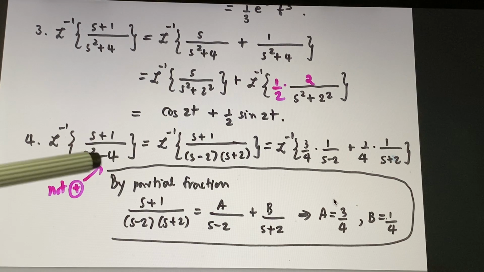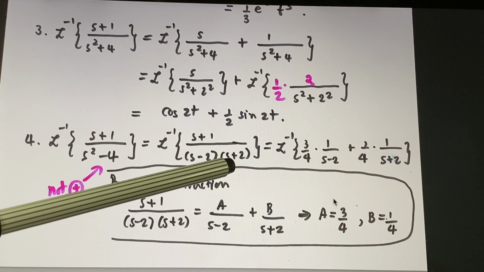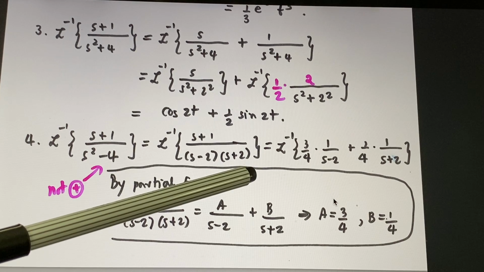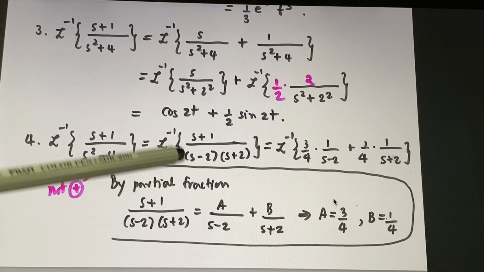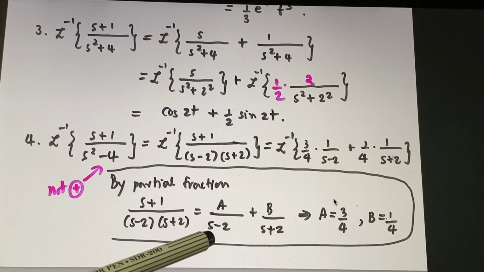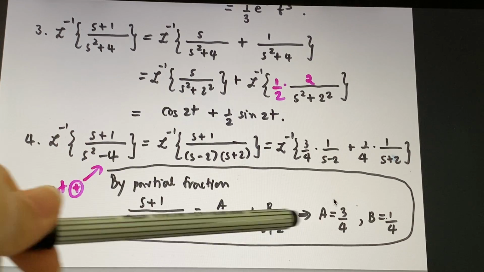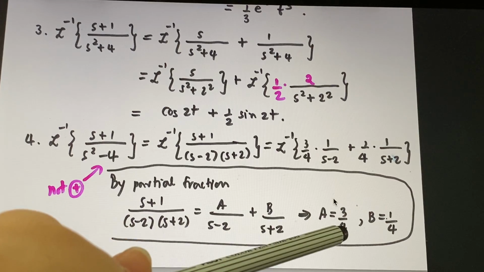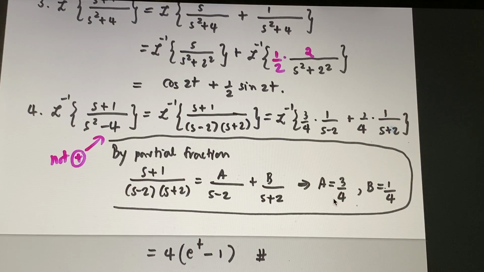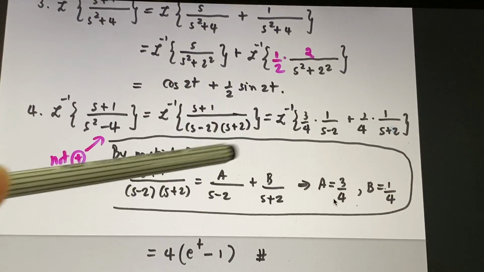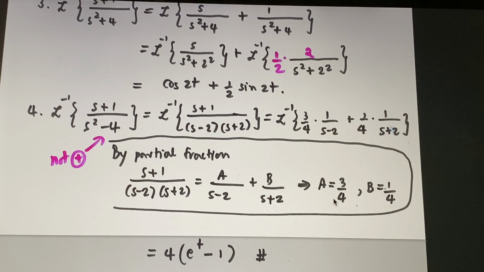I use the difference of squares here, so I factor s squared minus 4 to be (s minus 2) times (s plus 2), and then I use partial fractions. This whole term we can split out to be A over (s minus 2) plus B over (s plus 2), and after the calculation I found that A equals 3/4 and B equals 1/4. So you plug in A, plug in B in there, and you get this term.